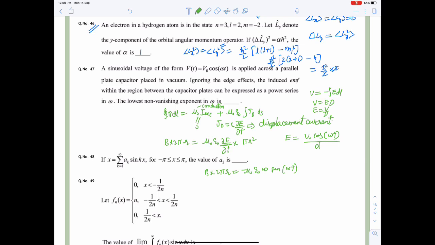And if I'm not wrong, the minus sign is there. Yes, the minus sign is there. So this is your dE/dt.